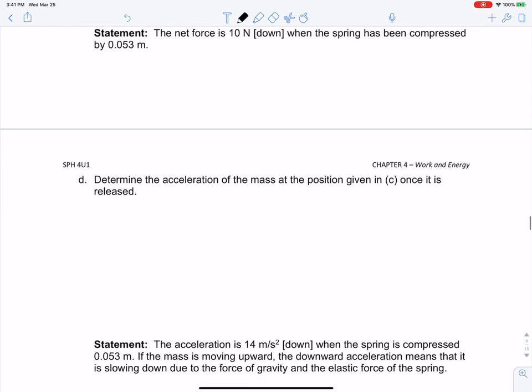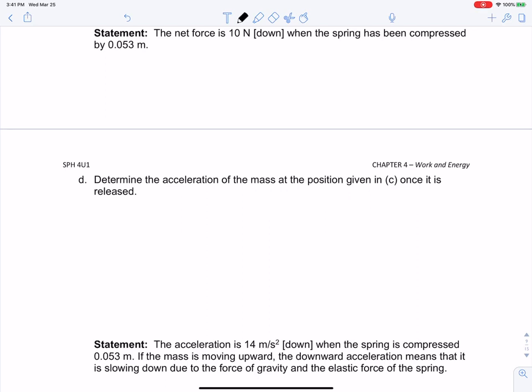Let's determine the acceleration of the mass at this position in question C once it is released. So if you imagine compressing the spring with your hand, there's going to be a force that wants to be released. If we release this force, that mass will accelerate.